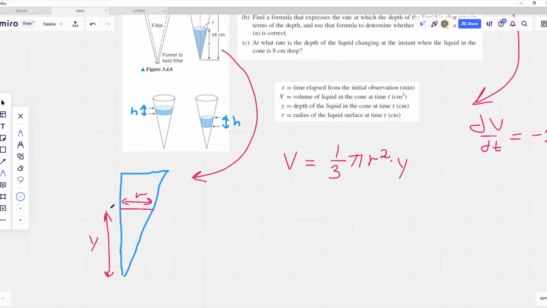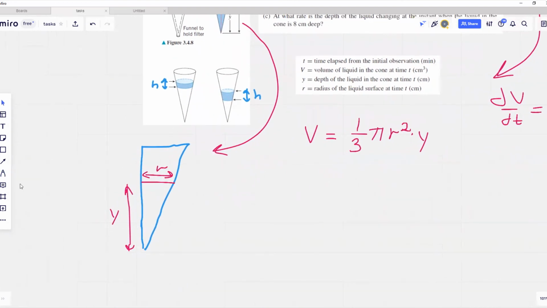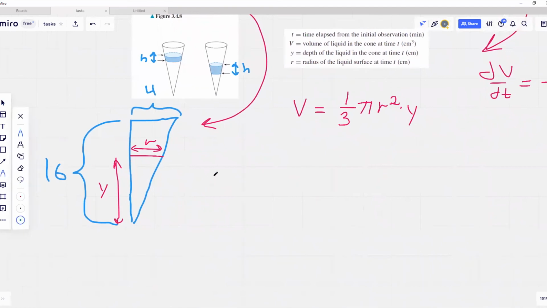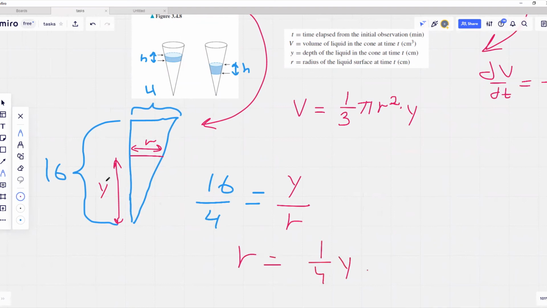So we can see that these two right triangles share the same angle, meaning that the ratio of this height, which is equal to 16, over this radius at the top of the cone, which is equal to 4, should be the same as this height y over r here. So r is then equal to 1/4 y.